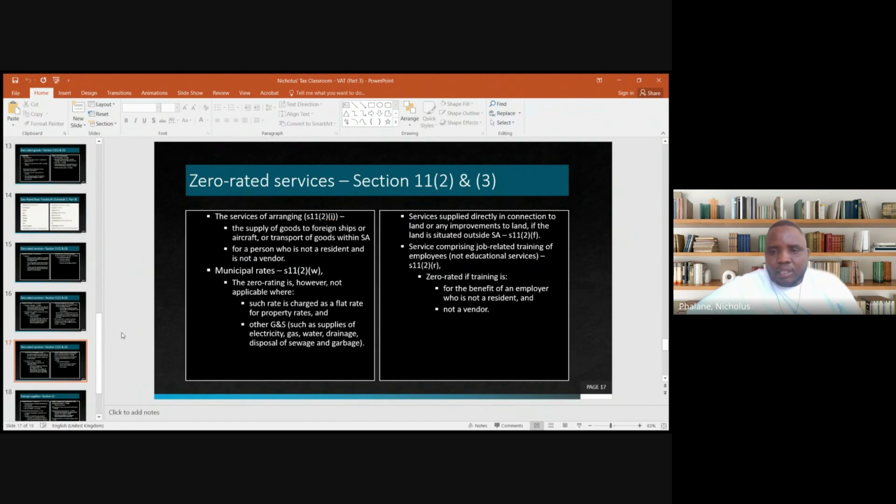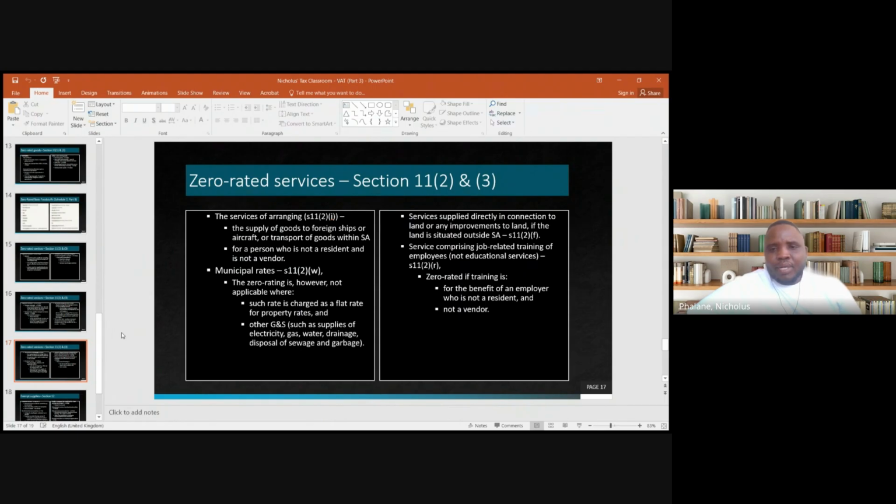Services comprising job-related training of employees, so not educational services. Why are they specifically excluding educational services? Because educational services are exempt. So services comprising job-related training of employees are exempt in terms of section 11(2)(r), but zero rated if the training is for the benefit of an employer who is not a resident and not a vendor.